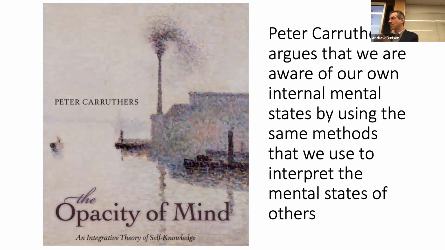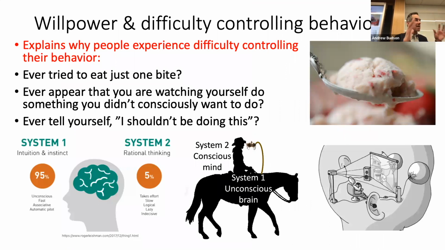And Peter Carruthers actually has an entire book arguing quite convincingly, in my view, that we are not actually aware of our own internal mental processes any more than we're aware of anybody else's. And we actually have to use those same tools that we use to interpret other people's mental states to interpret our own. And I think that this understanding really helps us to explain why people have difficulty controlling their behavior.